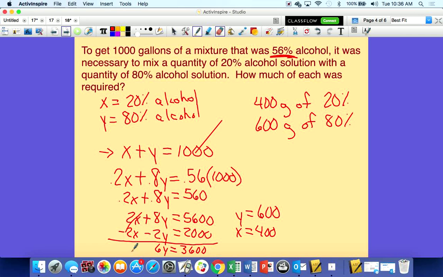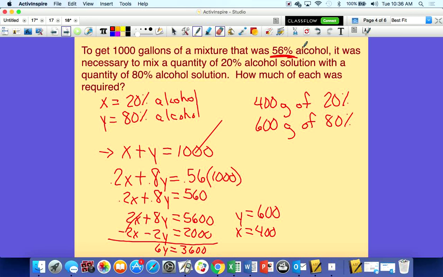All right, now if you think about this logically, if you average your 20%, 80% together, that's 50%, all right? So if we were asking for 50% alcohol, it'd just be the same amount for both of these. But because this is more than 50, that means we're gonna need more of the higher solution.